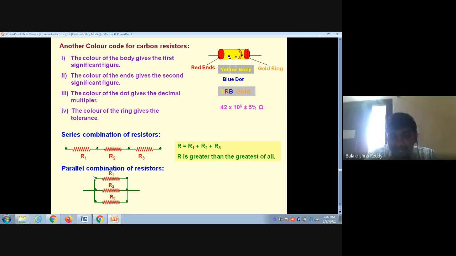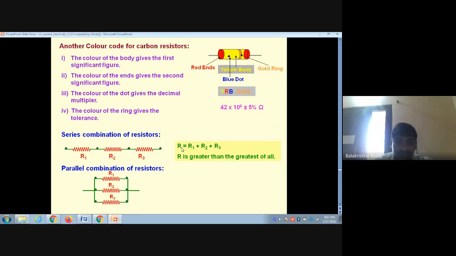In series, you can remember one important point, which is also applicable for numericals. For example, R1 is 2 ohms, R2 is 3 ohms, R3 is 2 ohms. 2 plus 3 plus 2, the resultant of the total resistors is 7 ohms.